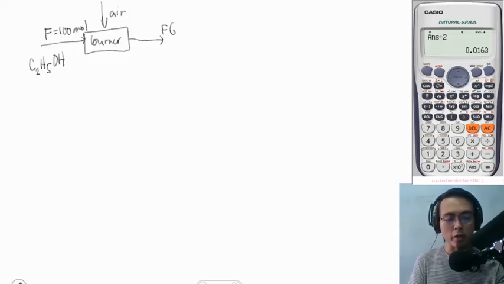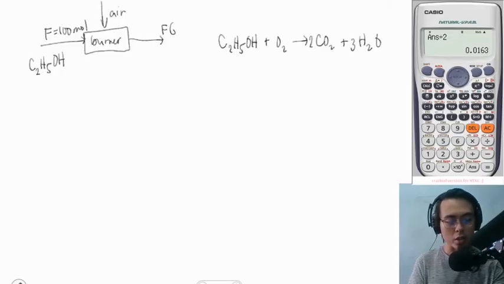If we are going to write its combustion reaction, we write C2H5OH plus O2 yields CO2 plus H2O. So to balance, we multiply this by 2. Hydrogen is 6, we multiply this by 3. Your total oxygen is 7. 4, 5, 6, 7 minus 1, that's 6. We multiply this by 3.